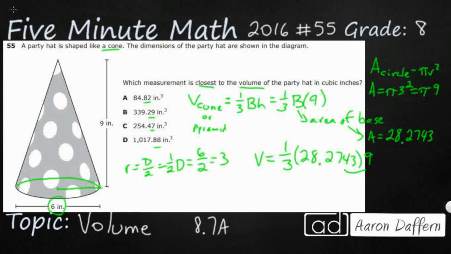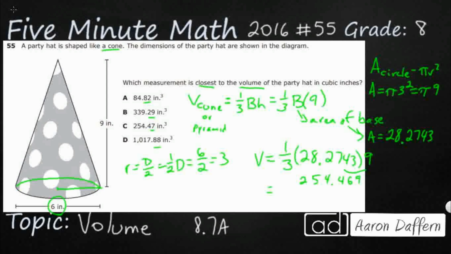I'm going to take that 28.2743, multiply that by 9, and I'm going to get 254.4690. I'll just call it like that.